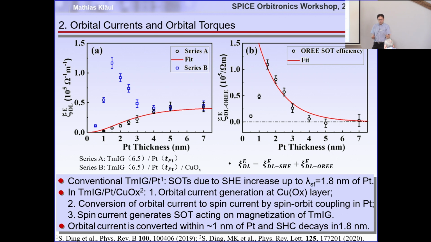So fundamentally, one would say it should be less efficient. It just means there's a huge orbital current being generated. We could fit this and get the length scale of the orbital to spin current conversion in about 1 nanometer.